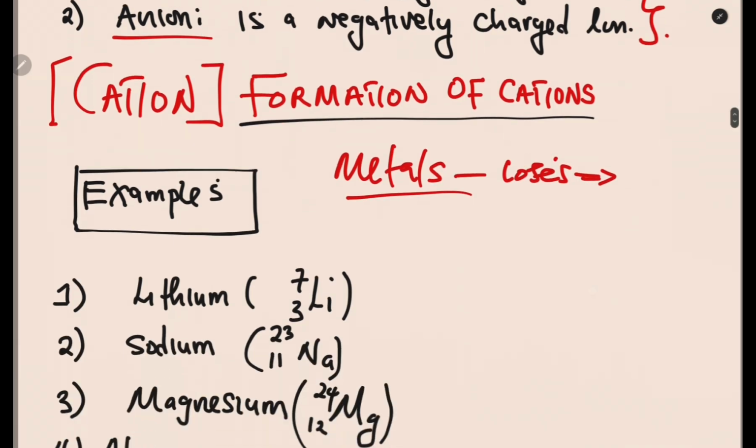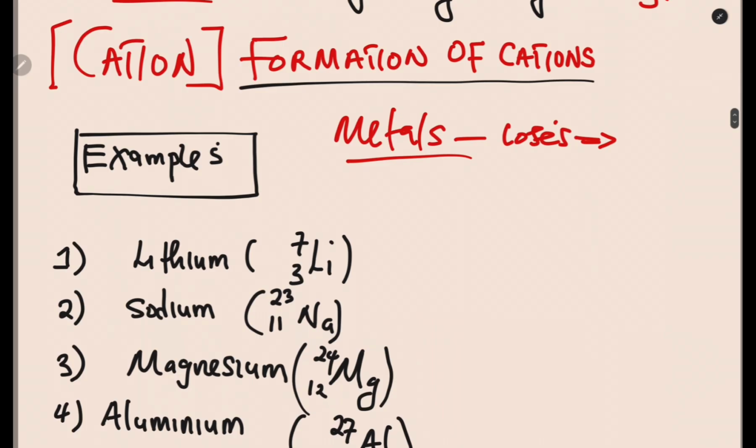Now, let us look at examples. The first one that we are going to look at is lithium. We are looking at the formation of a positive ion. The configuration of lithium, we said, is 2, 1. The first shell is stable because it has the required number, which is 2. But the second shell is unstable.